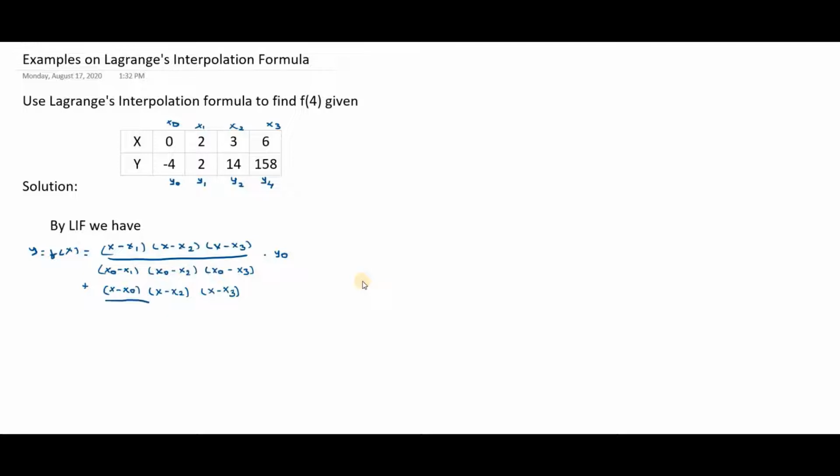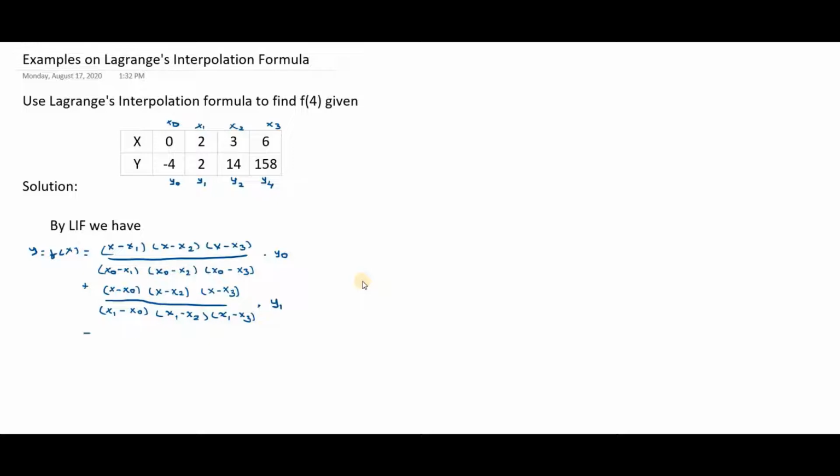Now denominator starts with x1, that is x1 minus x0, then x1 minus x2, x1 minus x3 into the second value of y, that is y1.